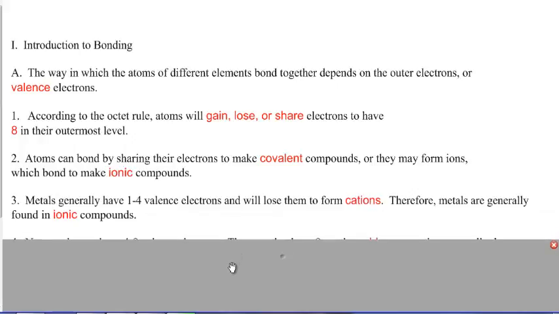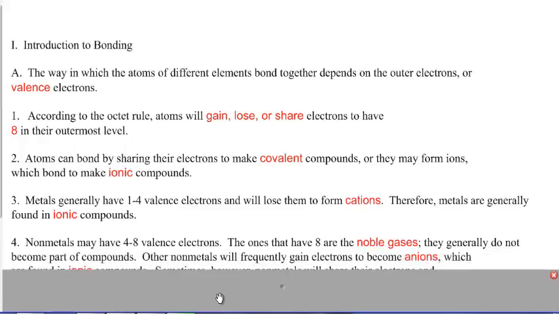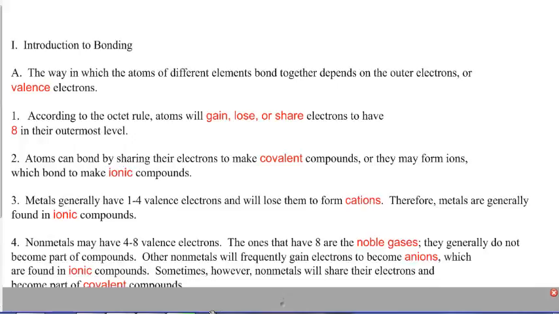So metals generally have 1 to 4 valence electrons and will lose them to form cations. Therefore, metals are generally found only in ionic compounds. Nonmetals, however, are more versatile. They have 4 to 8 valence electrons. The ones that have 8 are called the noble gases. They generally do not become part of compounds.